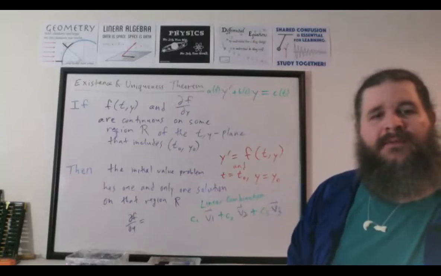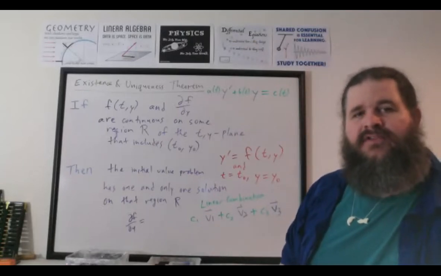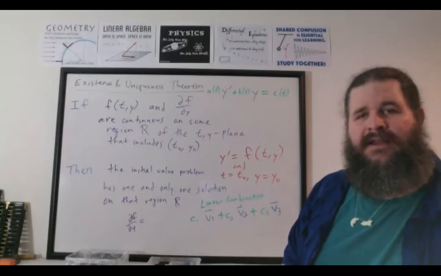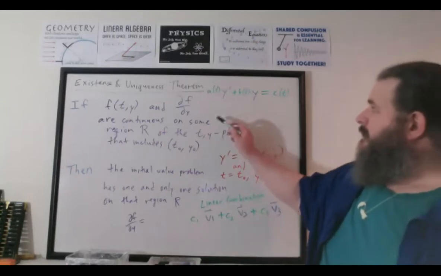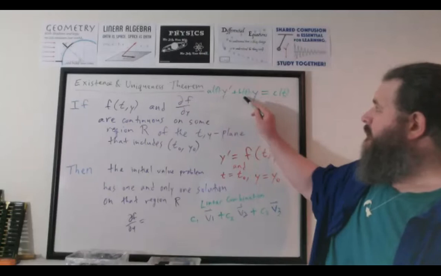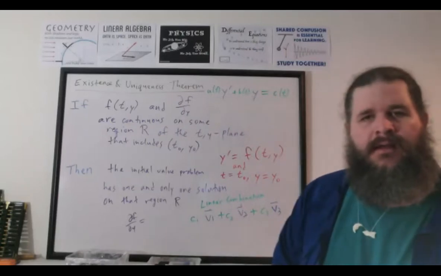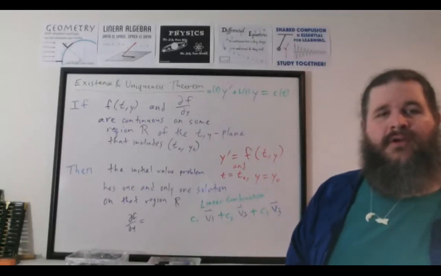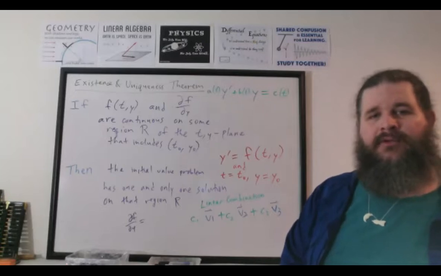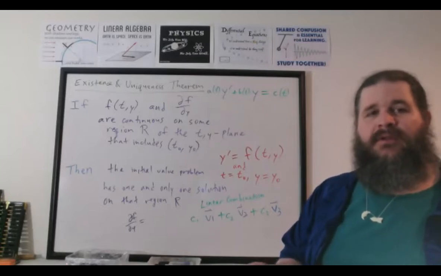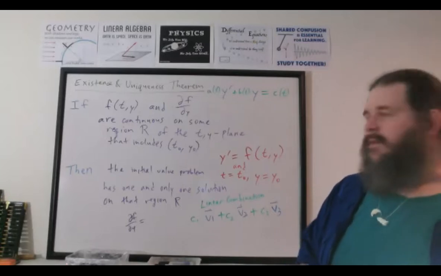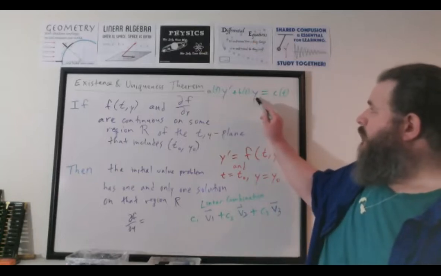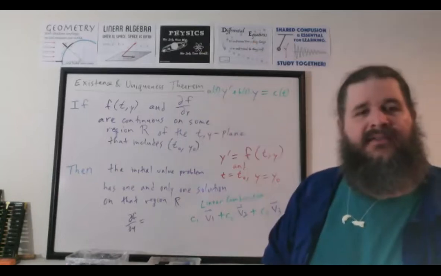So this is what we mean by a linear differential equation, not just that certain types of functions don't happen in it, but specifically that it can be written as something y prime plus something y equals something. And for second order, you could also have plus something y double prime. For third order, you'd have plus something y triple prime and so on. The important thing is that all we're doing to y and its derivatives is linear combinations.